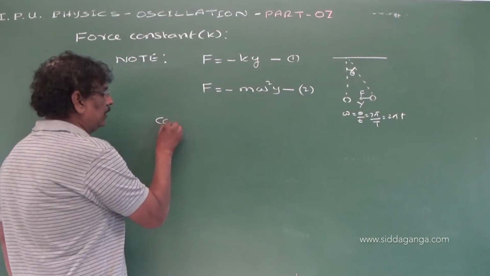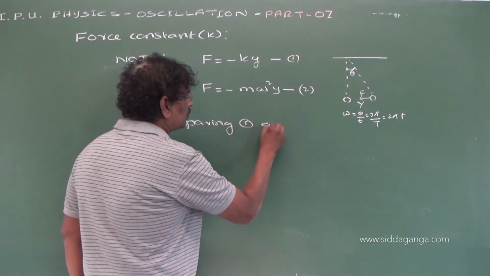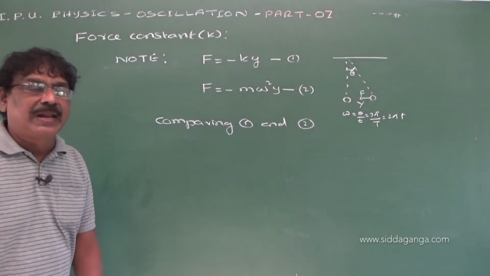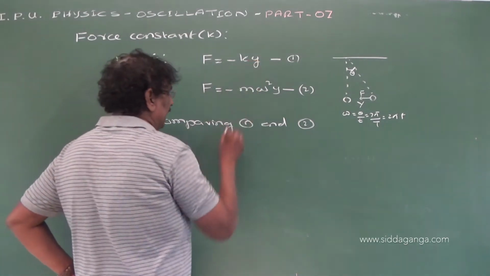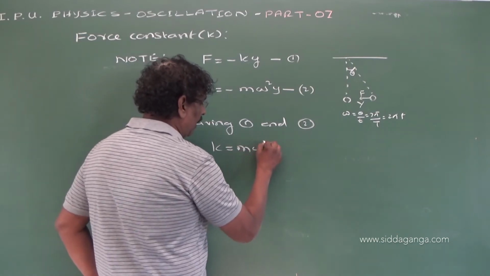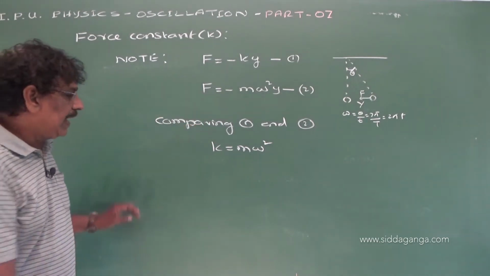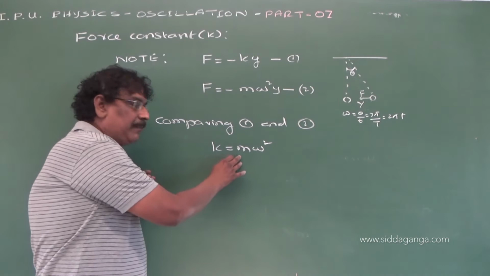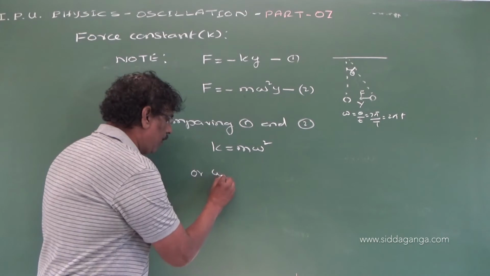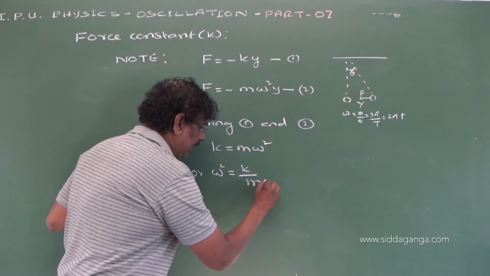Now comparing equations 1 and 2, we get k is equal to m omega square, or omega square is equal to k by m.